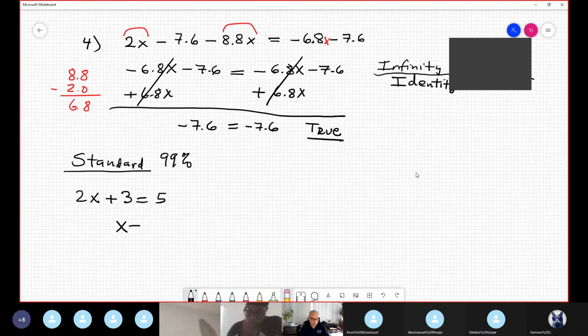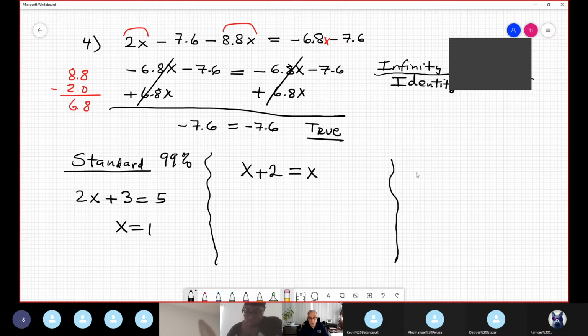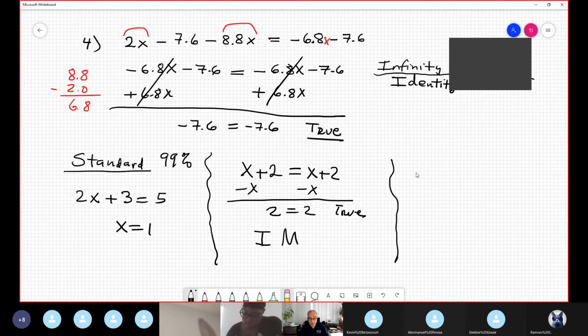The answer is x equals 1 because 2 plus 3 is 5. But we have two kinds, complicated or confusing. For example, you have x plus 2 equal x plus 2. This is the identity. Because when you manipulate here, subtracting x, you have 2 equal 2. It's a completely true statement, and this is infinitely many solutions.